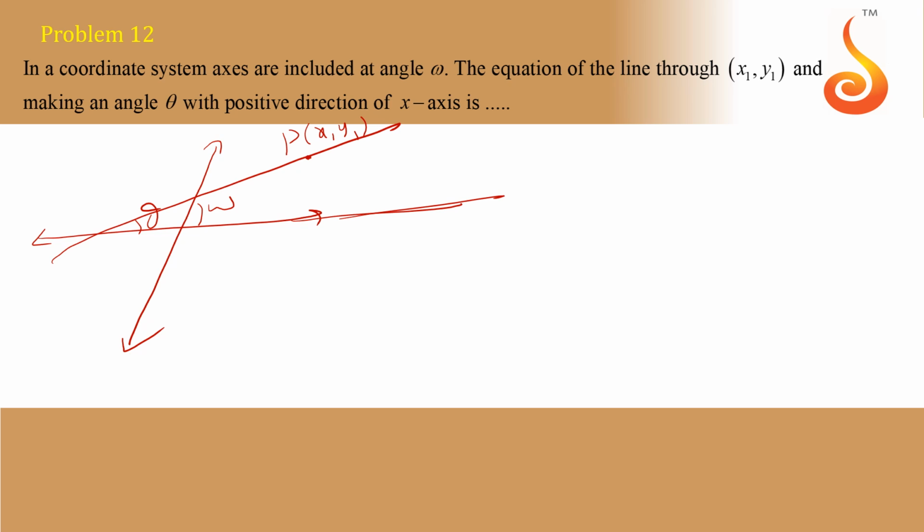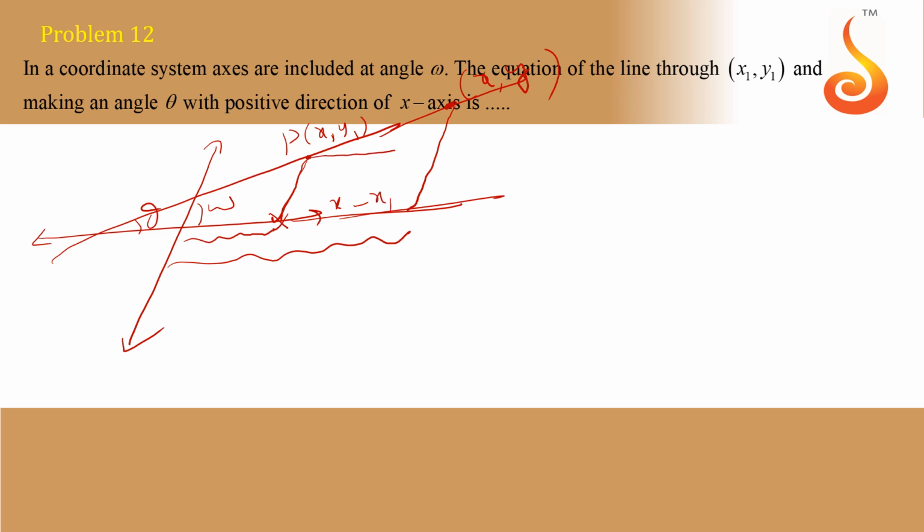So, same logic. To get the coordinates, the logic here is, you have to draw a line parallel to y-axis from P, where it cuts the x-axis. And you know that to get the equation of the line, let us assume some x, y arbitrary point on the line. So if you draw a parallel line, this will be x1, this will be x, so this will be x minus x1.